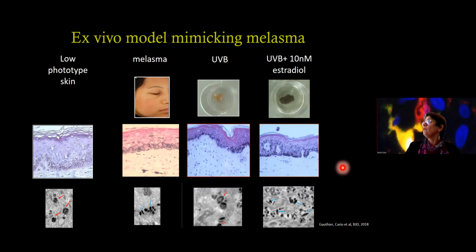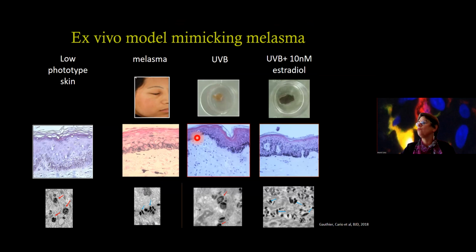We can also use the ex vivo model to mimic some disease such as melasma. Melasma is observed in women, pregnant women, or in men. It's a pigmented area on photoexposed skin, mainly on the face.